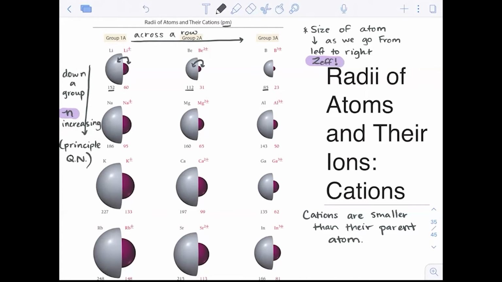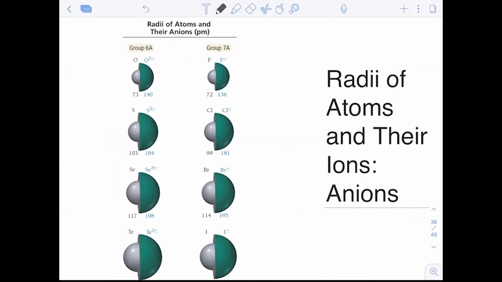So we are looking at losing the valence electrons. So there are less electrons to hold in the atom, and so therefore the size decreases. We're removing those electrons from the outermost N, and so we are decreasing the actual distance away from the new outermost electrons. So cations will always be smaller than their parent atom or element.